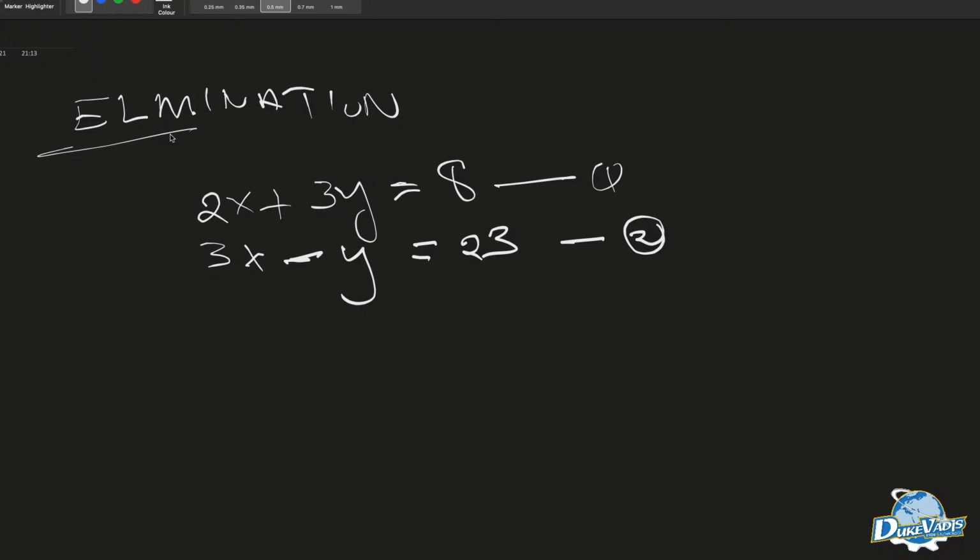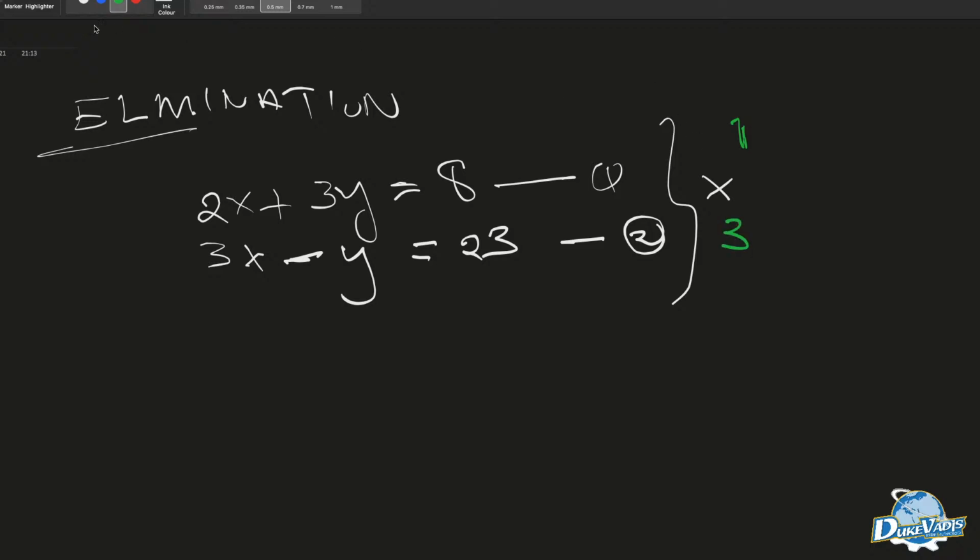So what do we do? If we look at the equations, we have 2x plus 3y equals 8 and 3x minus y equals 23. Multiply equation 1 by 1 and multiply equation 2 by 3.